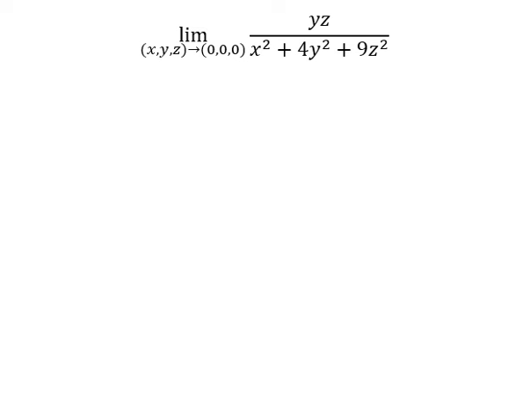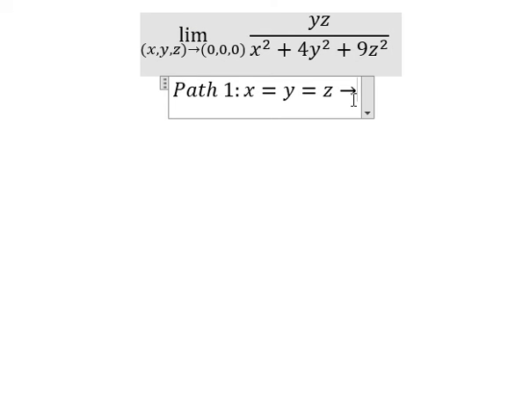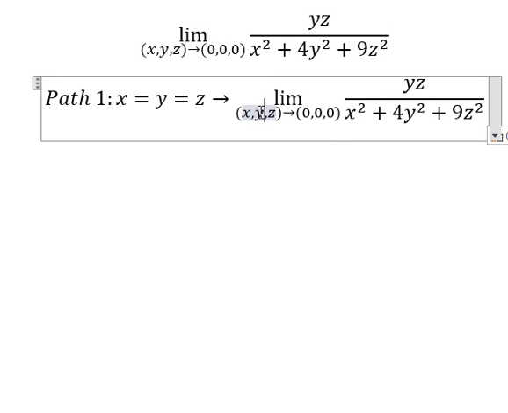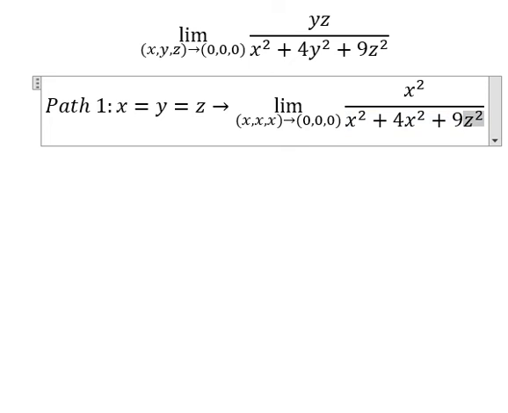So I want to consider part number 1, that is about x equal to y equal to z. So in this situation, I will change y into x and z into x. So that means we have x square, x and x square in here.